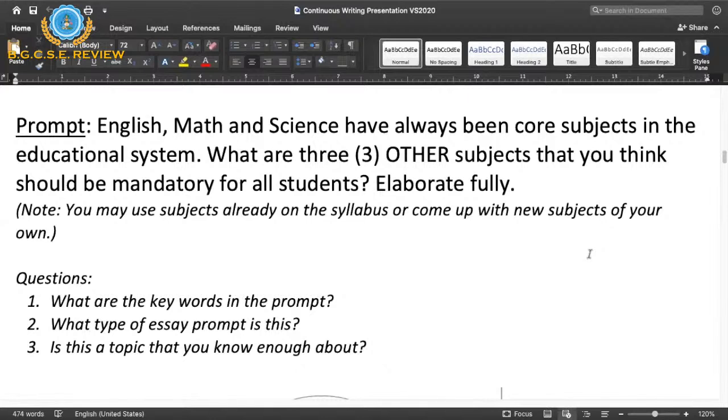Some synonyms to elaborate. When someone asks you to elaborate, what do they want you to do? To go into details. Okay, thank you, Lillian. Expound, go into details, explain in depth, to break it down. Okay, explain in detail.